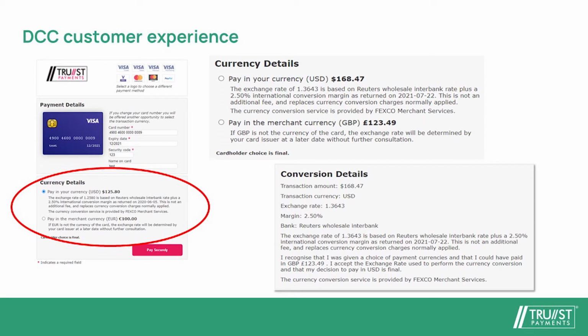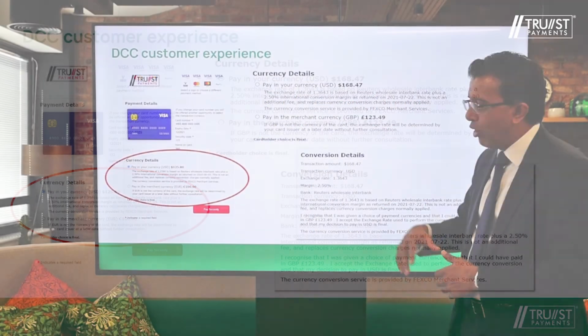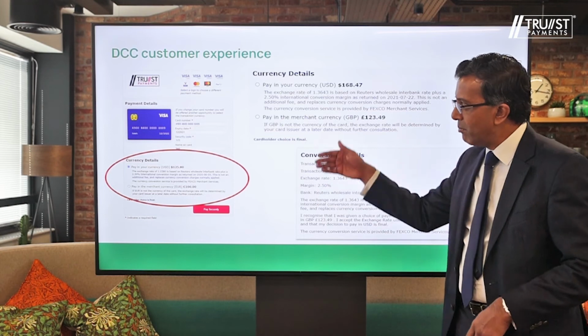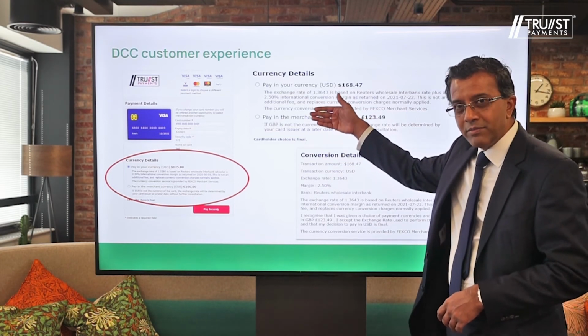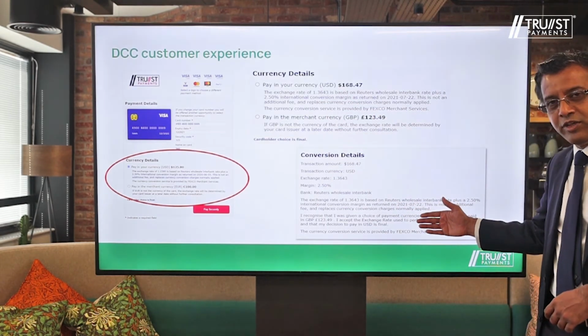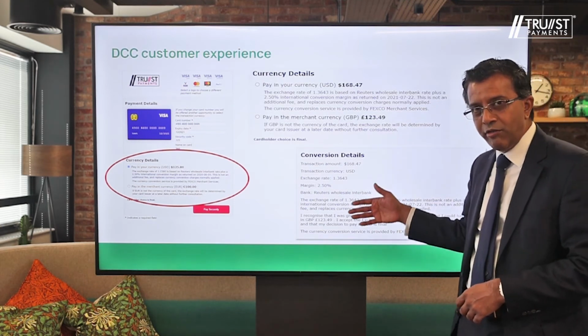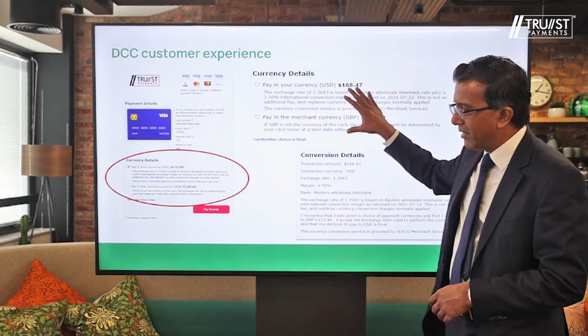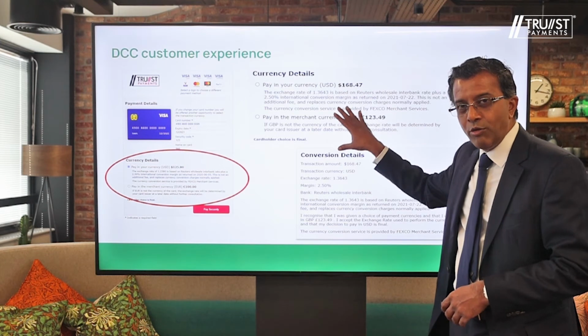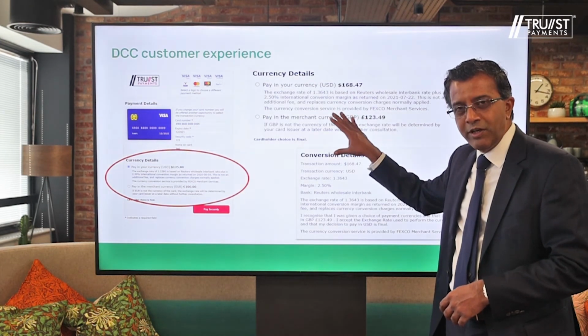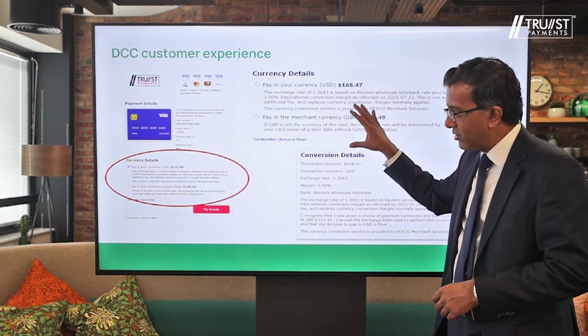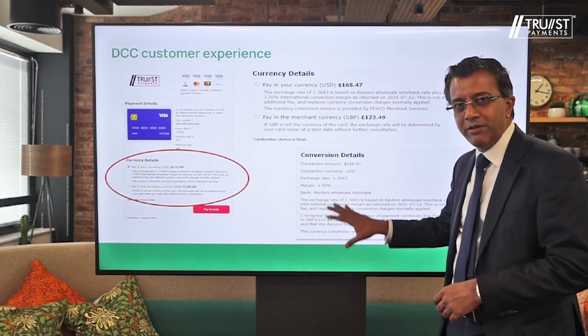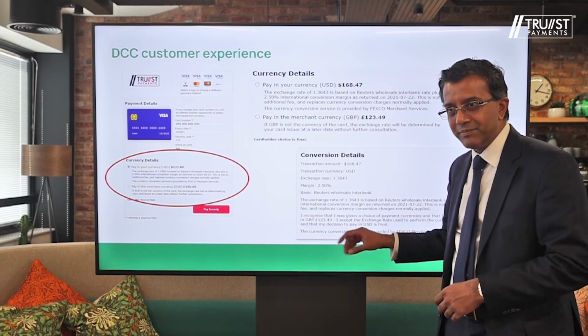So showing it a bit more expanded, you can see the actual margins that we'd be charging, and these are examples, against their home currency. Before they commit, and then a receipt afterwards. Now, these are our regulatory obligations. The actual text is our obligation to make sure we make it very clear, and Visa and MasterCard check that these are presented in a compliant way.